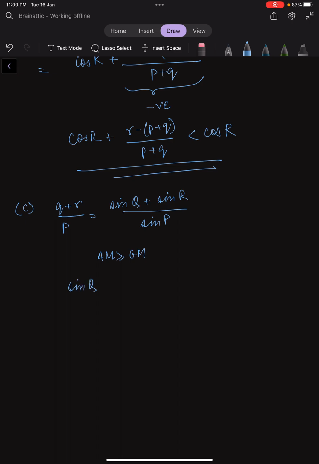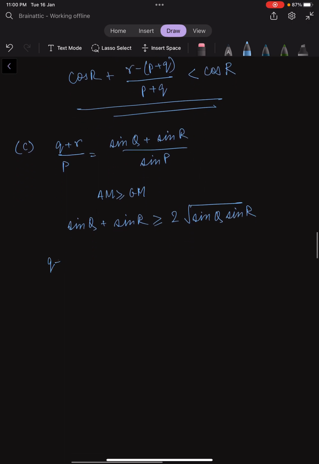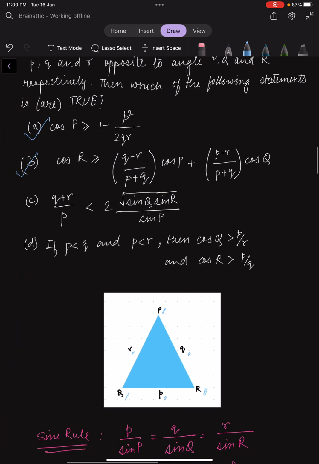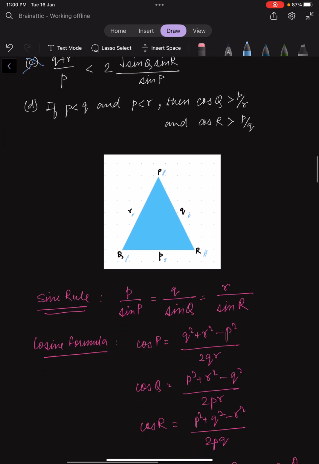So sine Q plus sine R is greater than or equal to 2 under root sine Q sine R. Now we can therefore write that q plus r divided by p is greater than or equal to 2 sine Q sine R divided by sine P. Therefore, option C is incorrect.